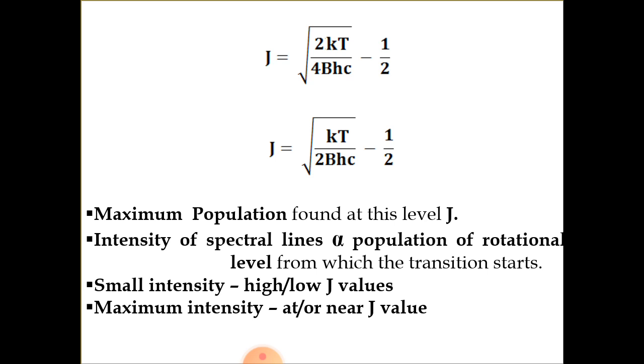Intensity of a spectral line is directly proportional to the population of the rotational level from which the transition starts. So, the transitions starting from very high and very low J values will have small intensities, and the intensity will be maximum at or near the J value derived above.